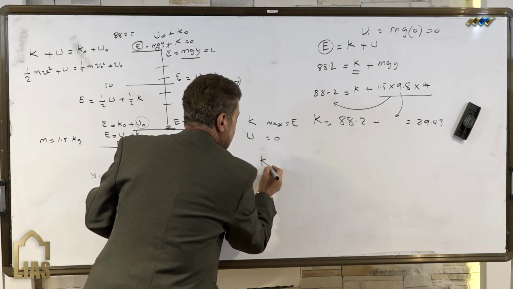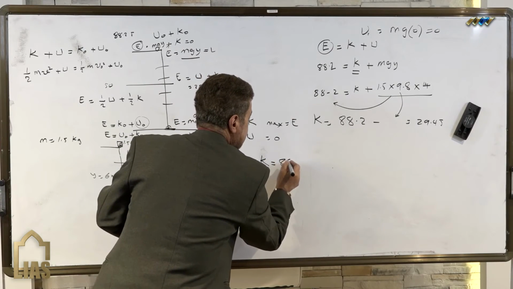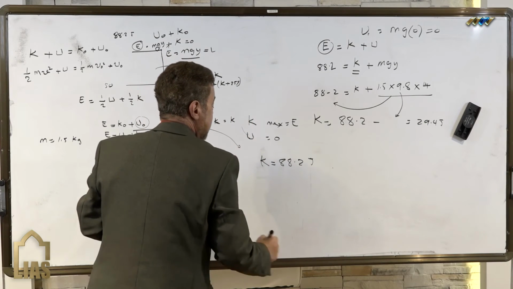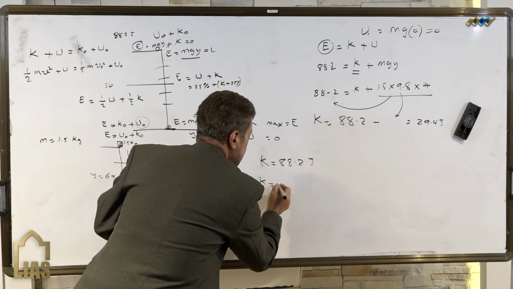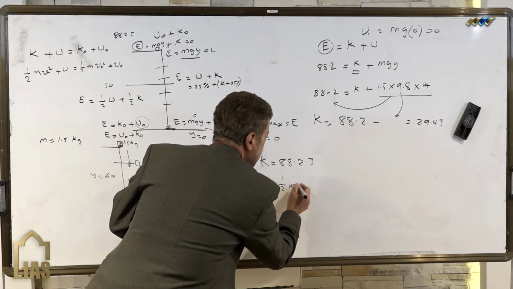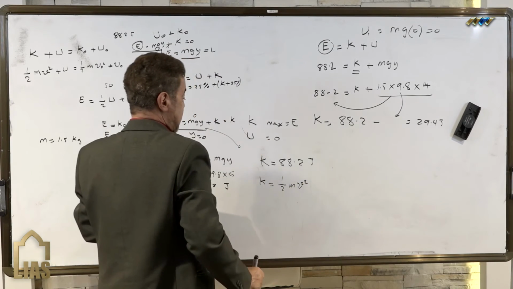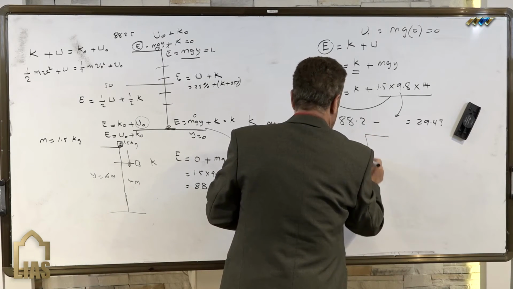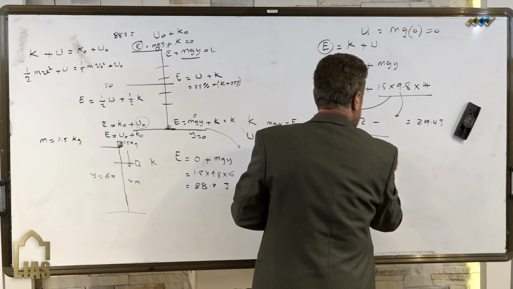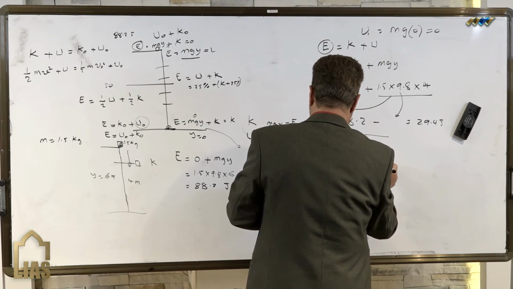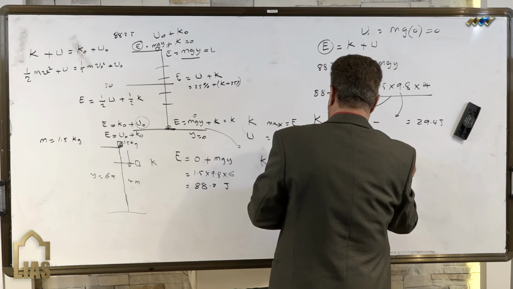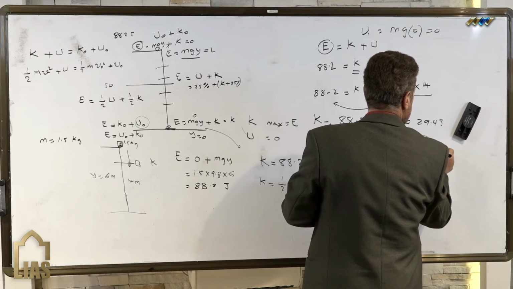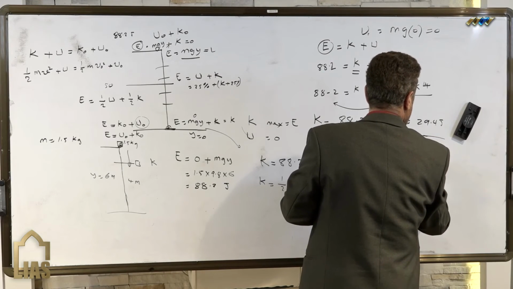Then K is equal to 8.2 joule at this level here. Okay? And K is equal to half mv squared. Then V is equal to square root, we said, of 2K over m, which is 2 times 8.2 over 1.5. Okay.